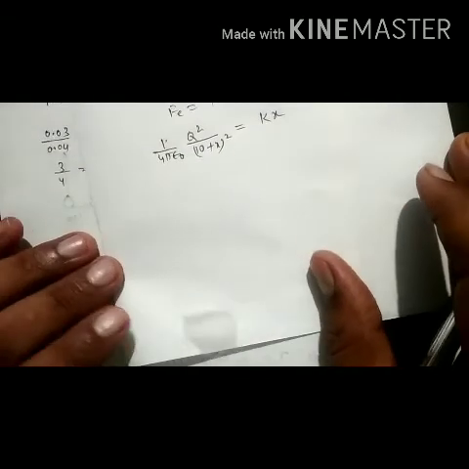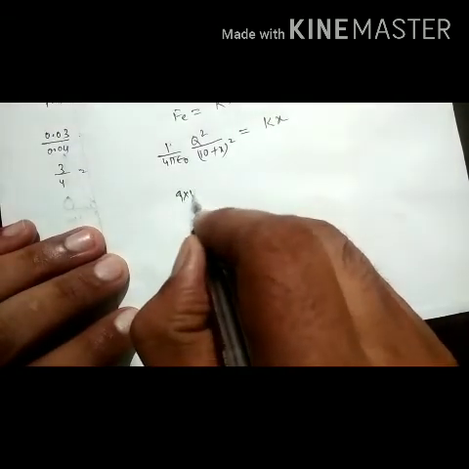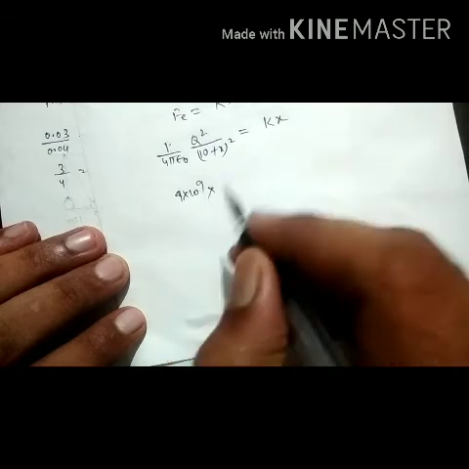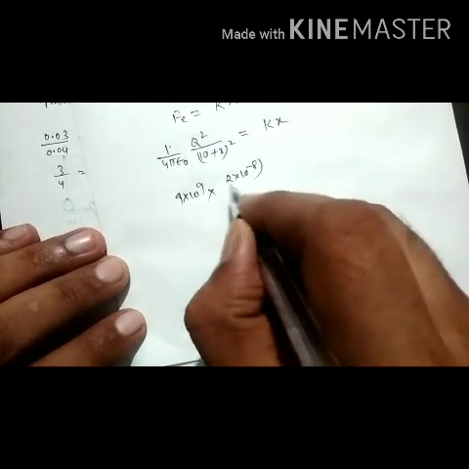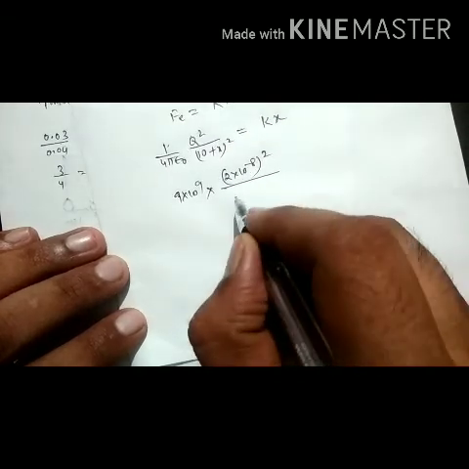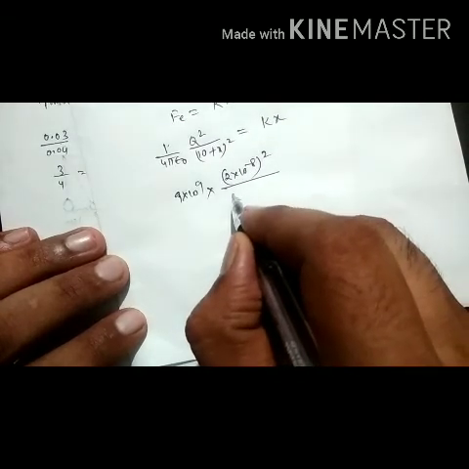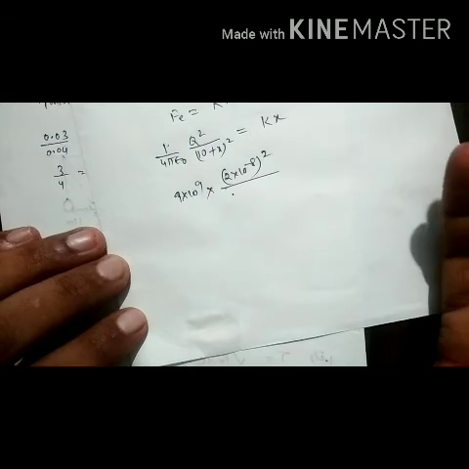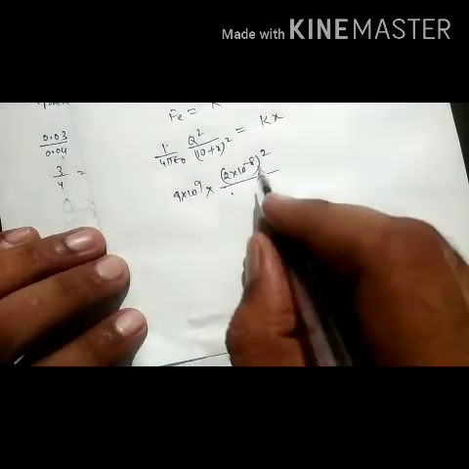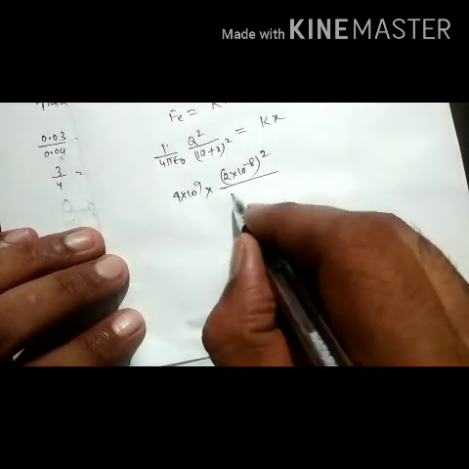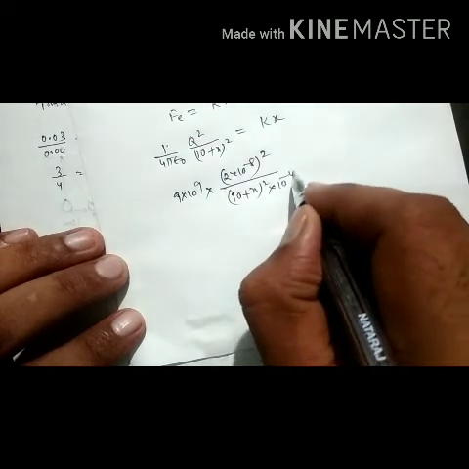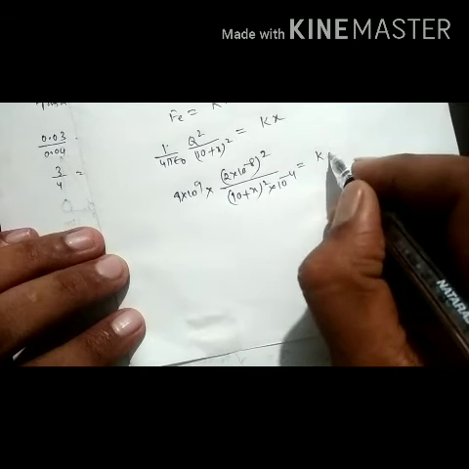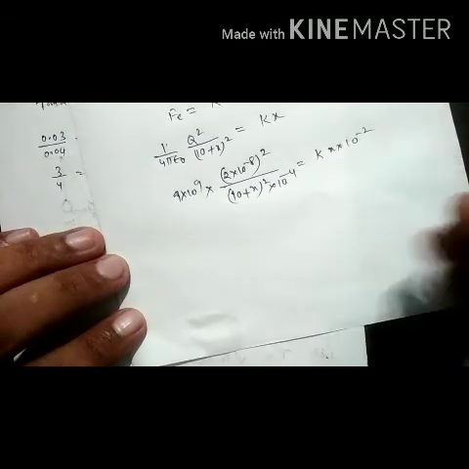So we will try to solve it. So it is 9 into 10 to the power of 9, q square means 2 into 10 to the power of minus 8 whole square, by 10 plus x whole square. Suppose I want to consider it in meters, I will write here 10 plus x whole square multiplied by 10 to the power of minus 4. K into x is also in centimeters, I will write it as 10 to the power of minus 2.